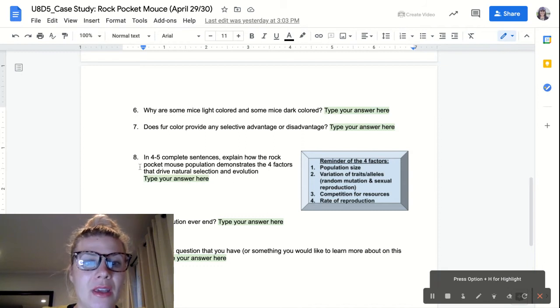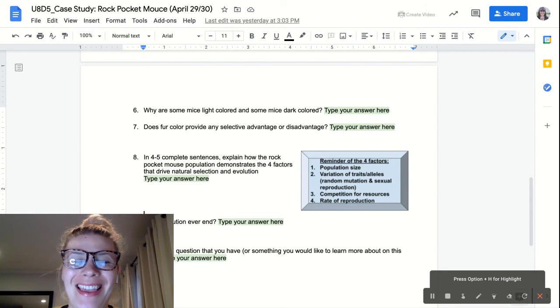Question 8, in 4 to 5 complete sentences, explain how the rock pocket mouse population demonstrates the 4 factors that we talked about that drive natural selection and evolution.